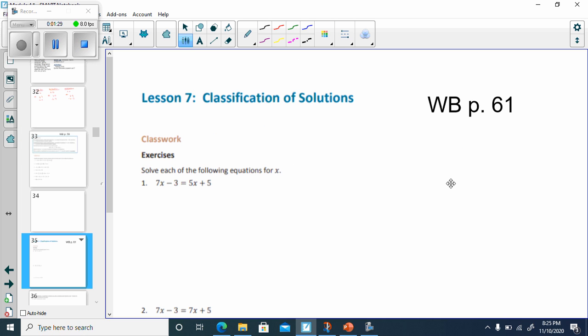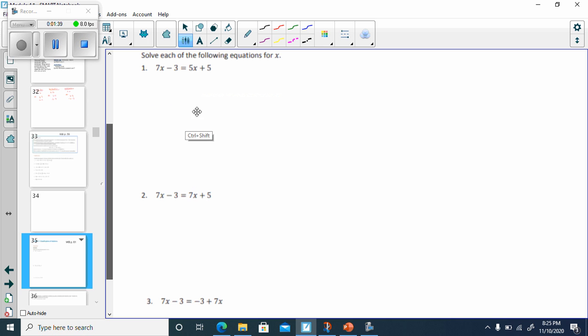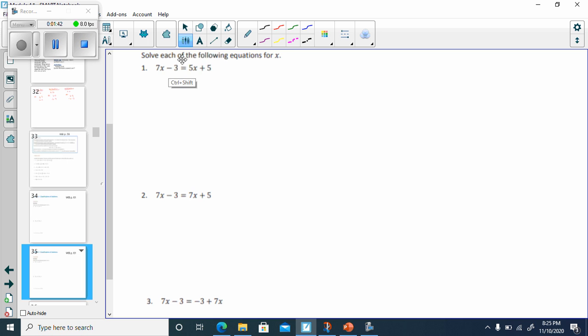Okay, there's page 61. Now we're going to solve each of these for the value of x. In this case, we've got 7x minus 3 is equal to 5x plus 5. We want to see whether there's one solution, no solutions, or an infinite number of solutions.